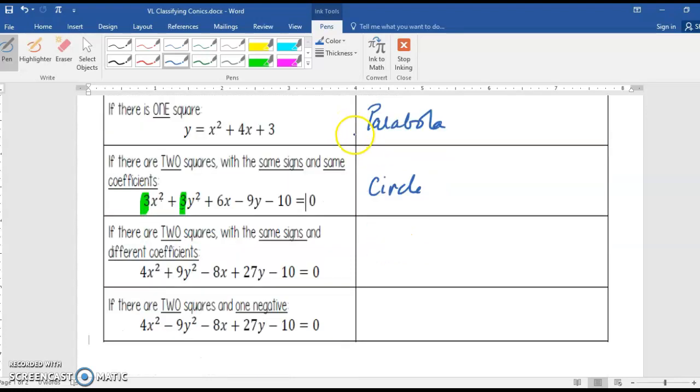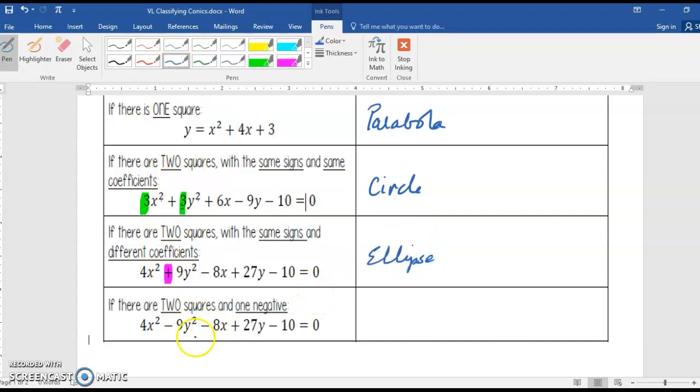Okay, so when there are two squares, x squared and y squared, the numbers are different, but there is a positive sign between them. That's the catch here. There is a positive sign, that means they're being added, so it's going to be an ellipse.